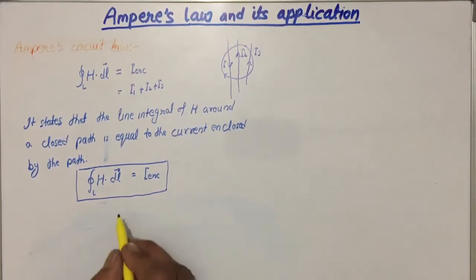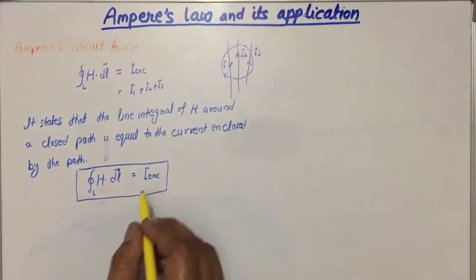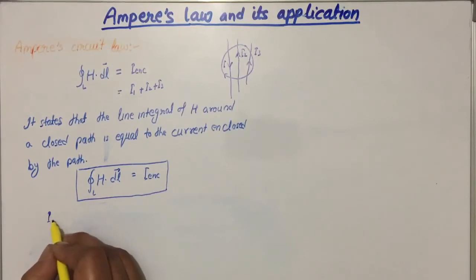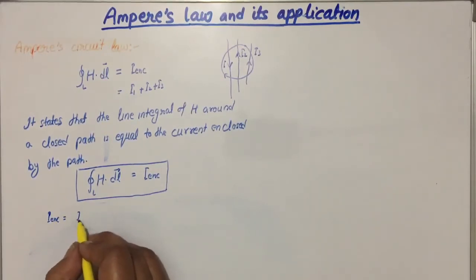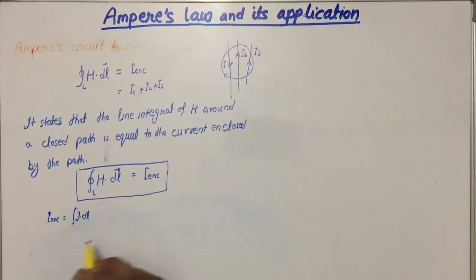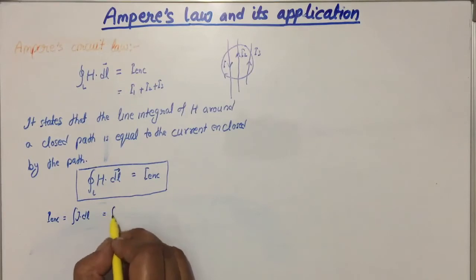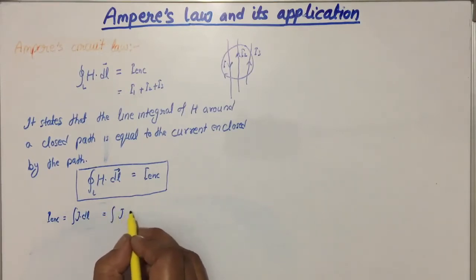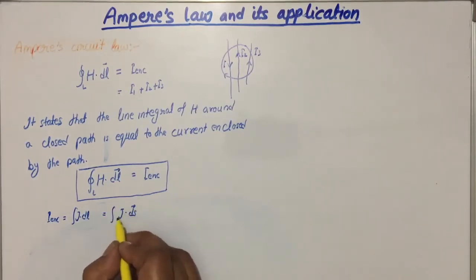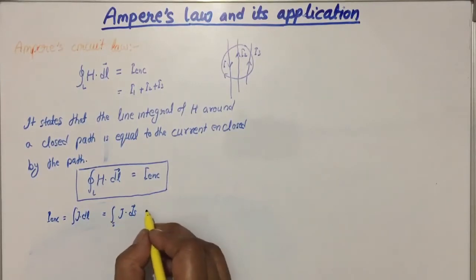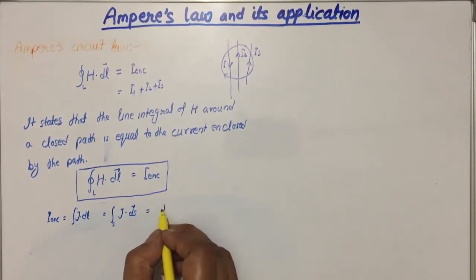And this current enclosed, in case of line current, can be written as JL dot dl. In case of surface current, we can write JS dot dS. In case of volume current, we know Jv dV.